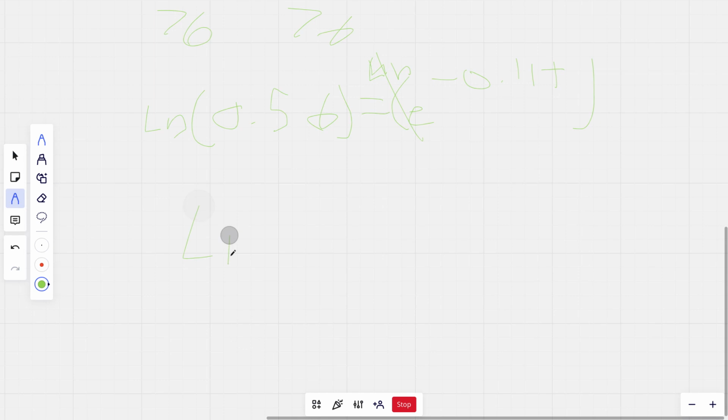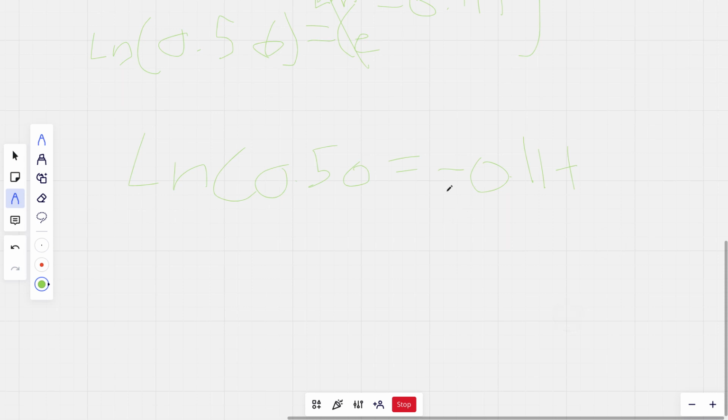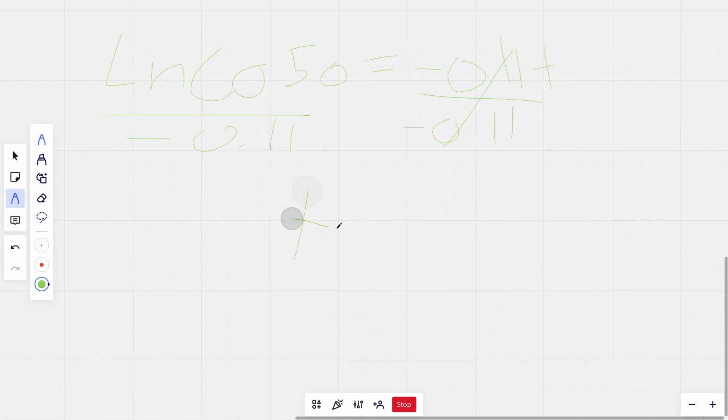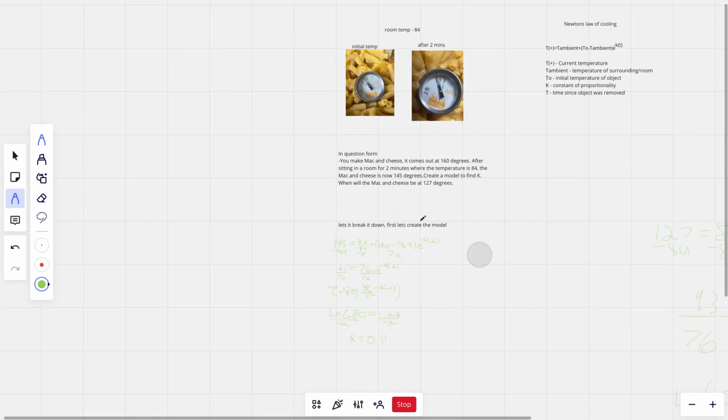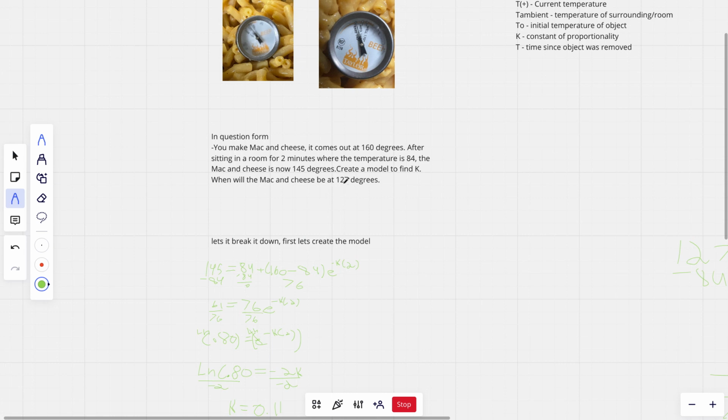That leaves you with ln of 0.56 equals -0.11t. Then, like before, the final step is you simply divide, and this gives you t equals, because we're trying to find t obviously, 5.27. So pretty much in 5 minutes and 27 seconds, the mac and cheese will be 127 degrees.